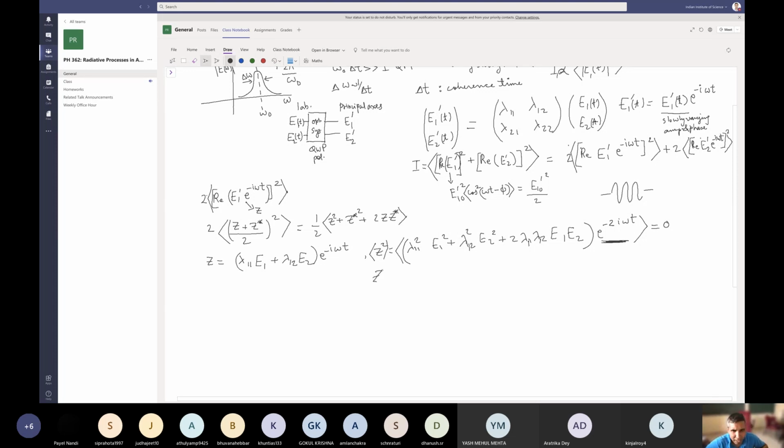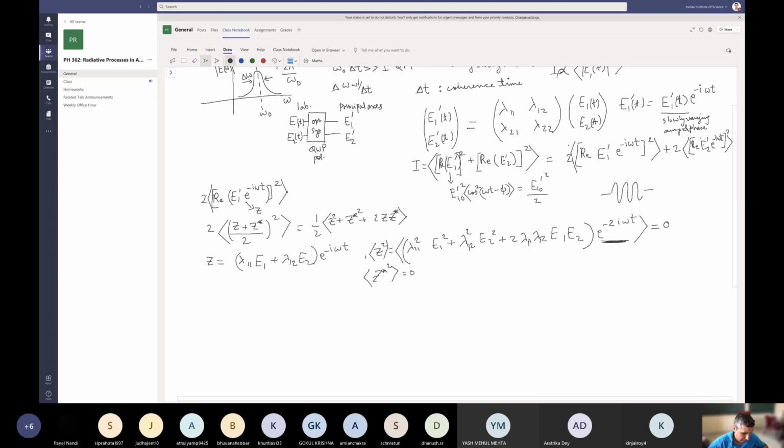Similarly, z star squared would average to 0. So this and this would average to 0. You will just need, sorry, this is not 2z star, it's z z star. Right, I think this is fine.